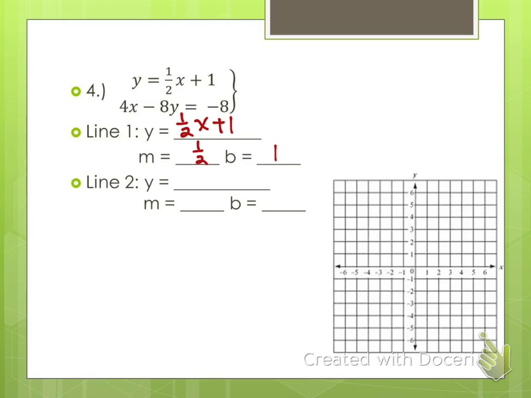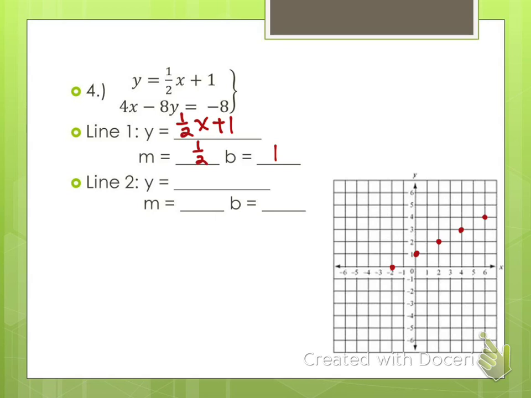Okay, so we could go ahead and graph that. Start at a positive 1 on the y-axis. If both of our rise and run are positive, we've talked about how we go up and to the right. So up 1, right 2. If I don't want to go up and right, I can go down and left.